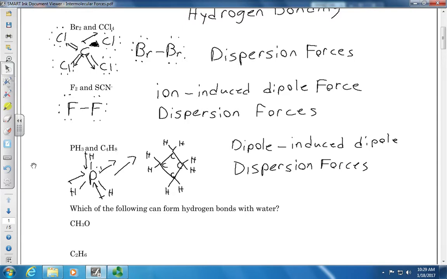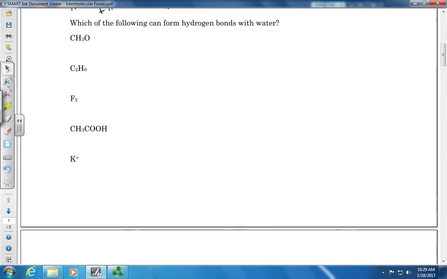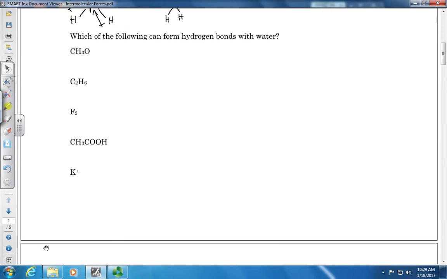So, rapid fire, we can take a look and see which of the following can form hydrogen bonds with water. Recall that hydrogen bonds can only form between a hydrogen and either fluorine, oxygen, or nitrogen.